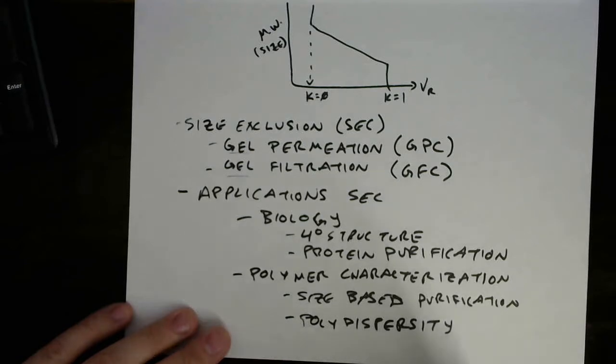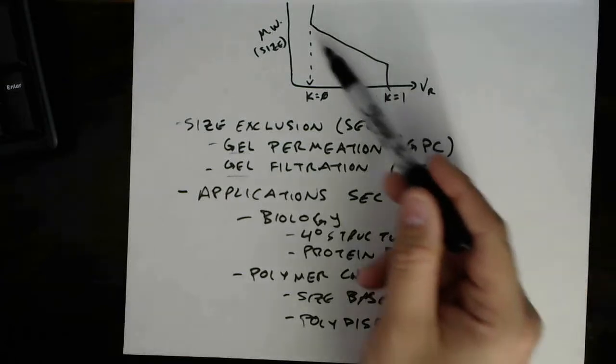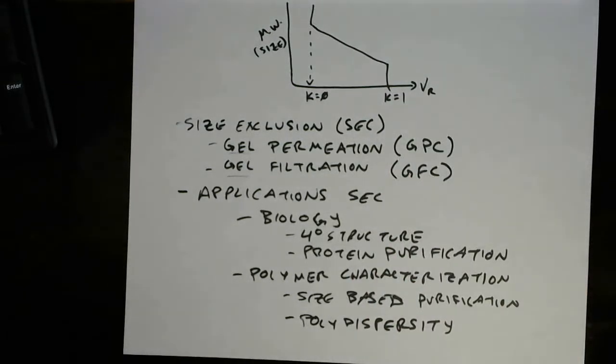I know a lot of the groups in our department use DLS for this purpose, but you should know that size exclusion chromatography and studying the shapes of the peaks essentially as they come out of this resolving range gives us some information about the polydispersity.